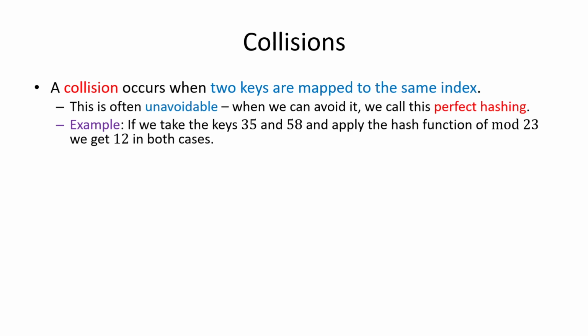And if two keys are mapped to the same bucket, we call this a collision. Most of the time this is unavoidable. If it is avoidable, then we call this perfect hashing.